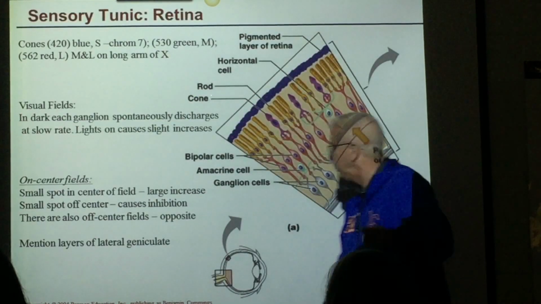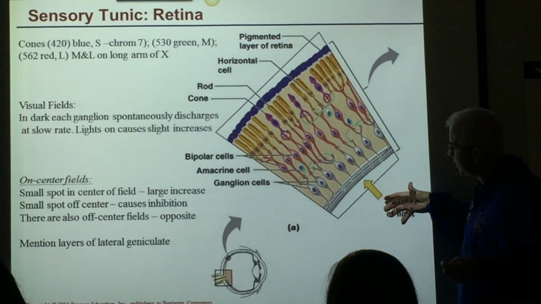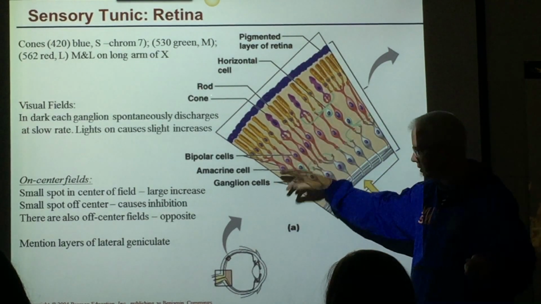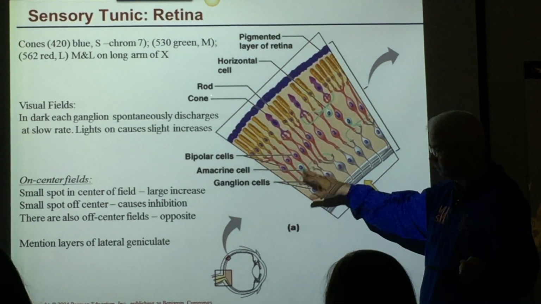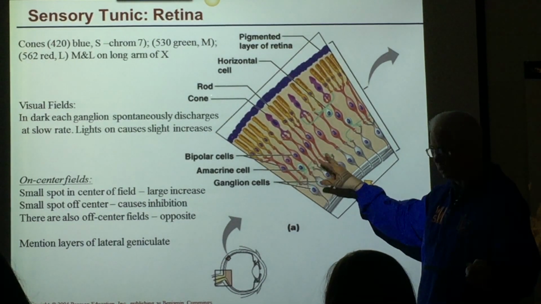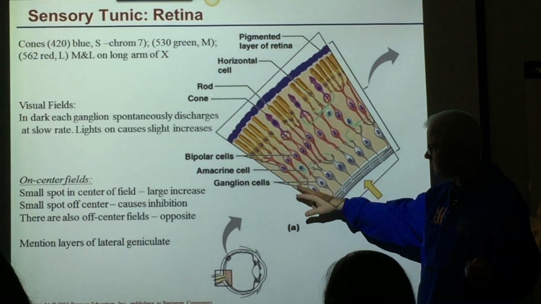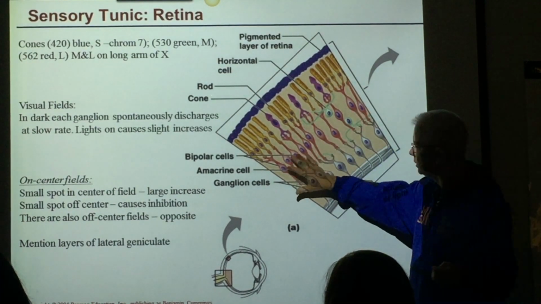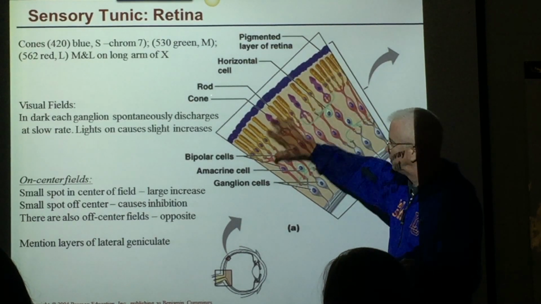So in the retina, let's review this just very briefly. In the retina, remember, as light passes through, it passes through a ganglion cell layer, then a bipolar cell layer that has amacrine cells between them, which we're not going to talk about any further. You see how they're connected to the ganglion cells? And this bipolar cell layer is connected to what we call a photoreceptor cell layer.